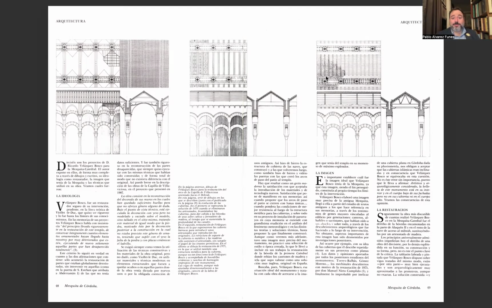So he extracted the principles and designed them, and then he added a metal structure to substitute the Renaissance timber structure. Then in 1975, this was done again to reinforce it, a little bit unfortunately, because they started putting in some concrete beams, some concrete corbels, etc., that didn't work very well, and they had to revert to the original system done by Velázquez Bosco.